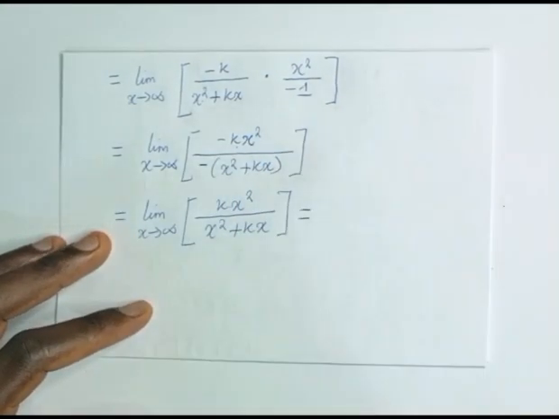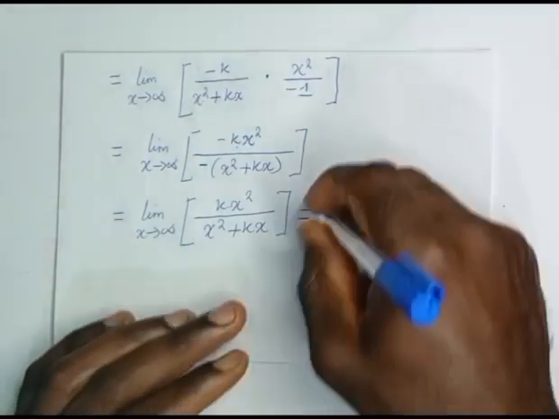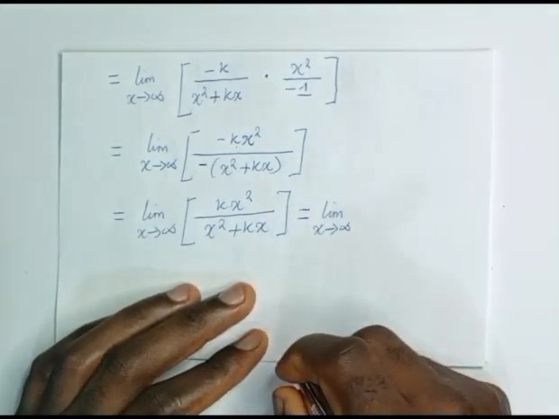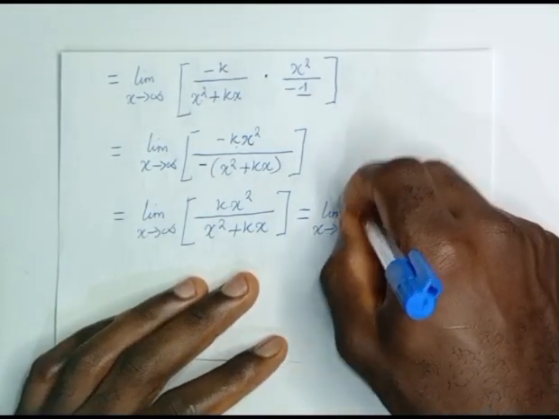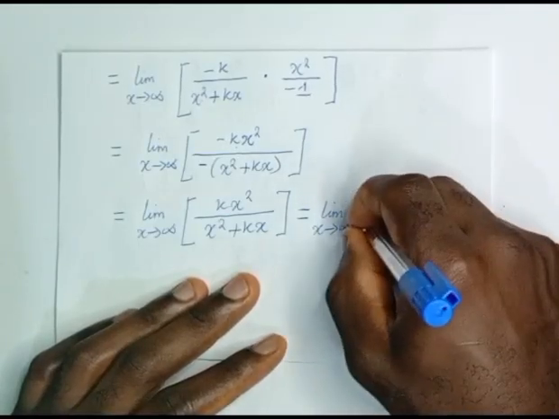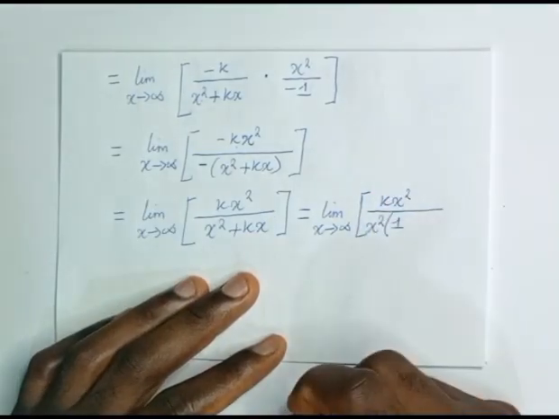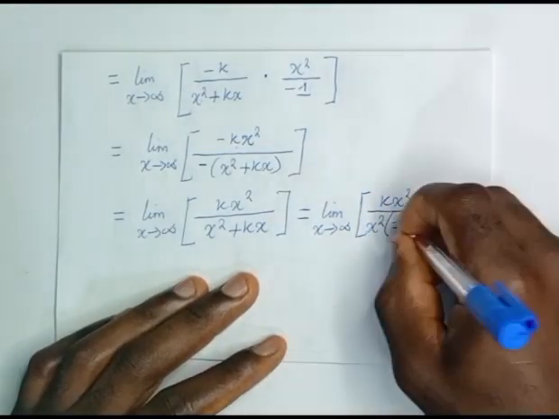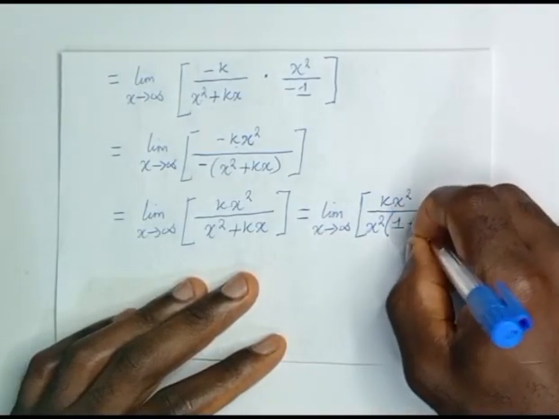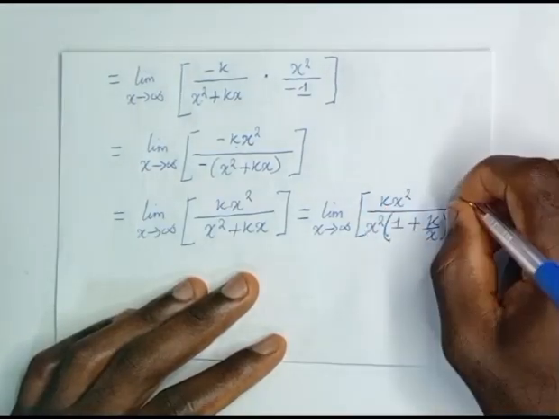This will simply be equal to, we are going to factor out x squared at the denominator. It gives us the limit as x tends to infinity of kx squared all over x squared times 1 plus x squared times k over x, which gives us kx.